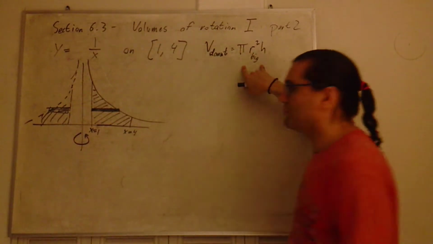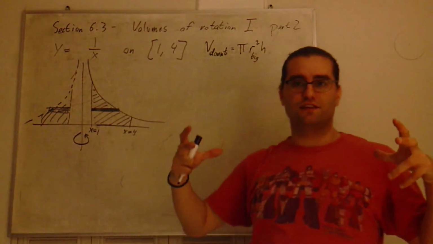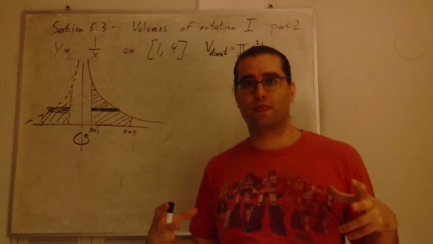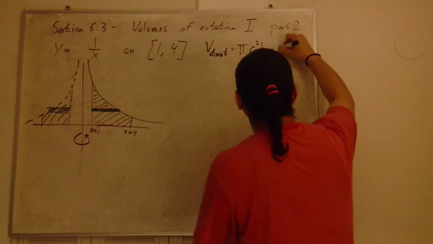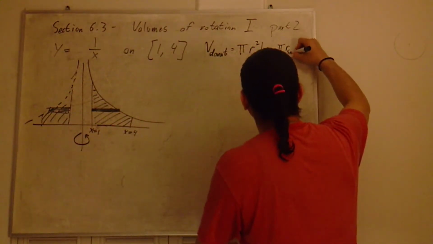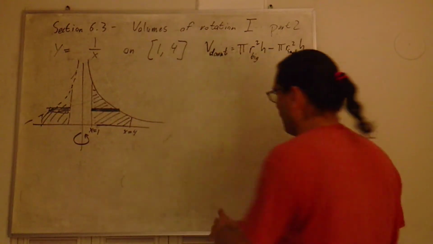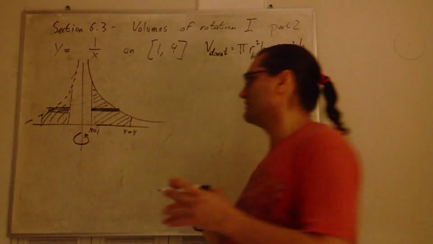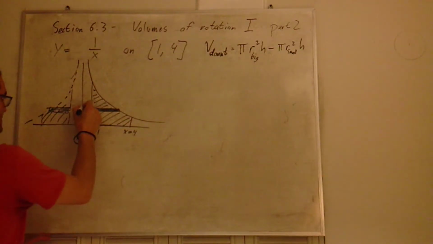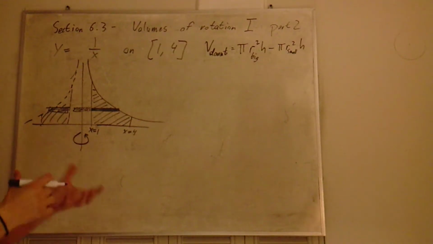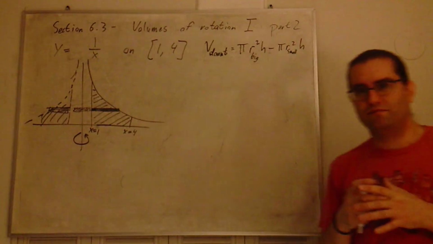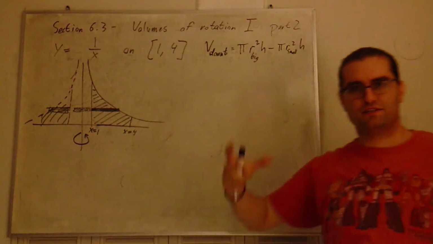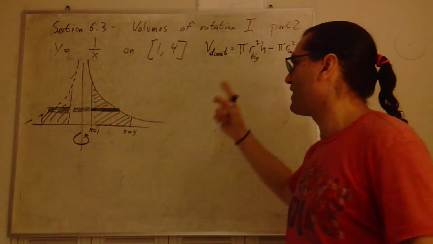This would be the volume of the entire disk if the disk was solid. But because there's a little hole punched in the middle, we have to subtract the volume of that hole. And that hole is its own little absence of a disk here. So we're subtracting out the small empty cylinder, empty disk part from the big disk, that's the whole solid thing, and that's how we get our donut shape.